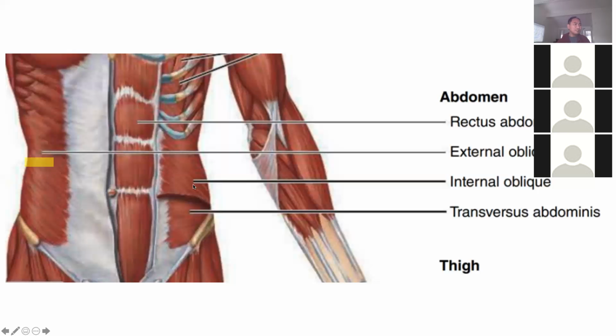The same thing with the internal oblique muscle: in the middle region it will change into the flat aponeurosis. The same thing with the transversus abdominis muscle, it will gradually change into aponeurosis.